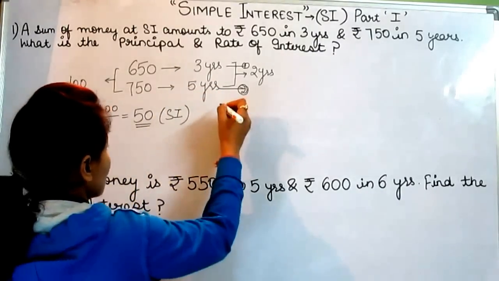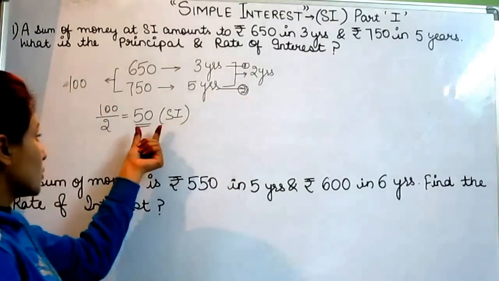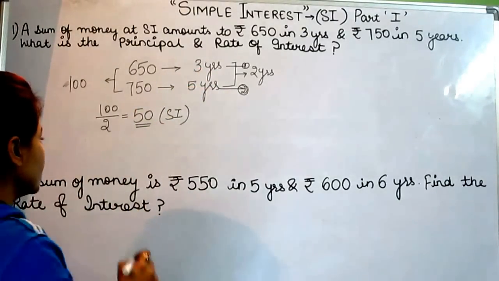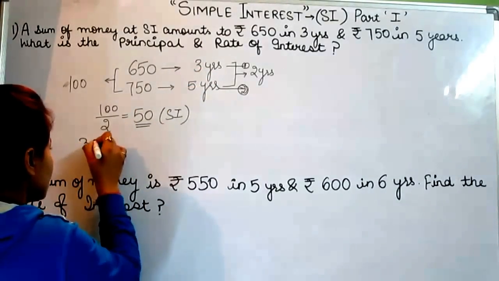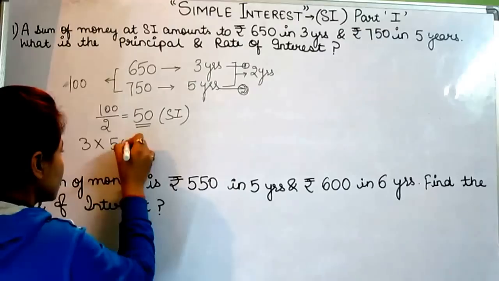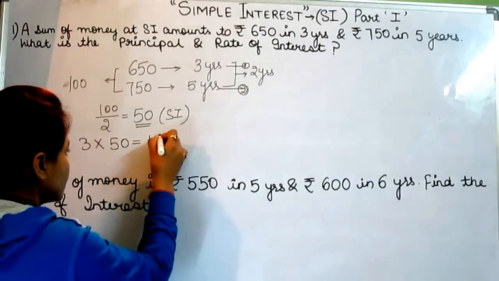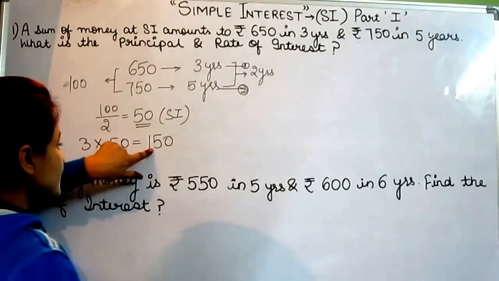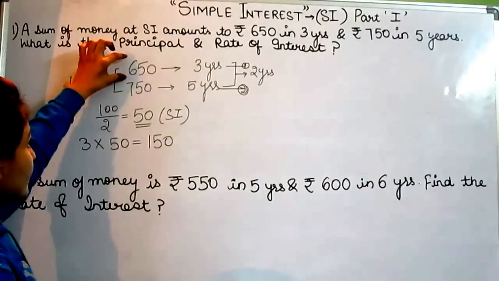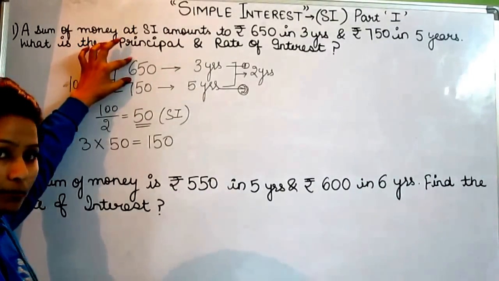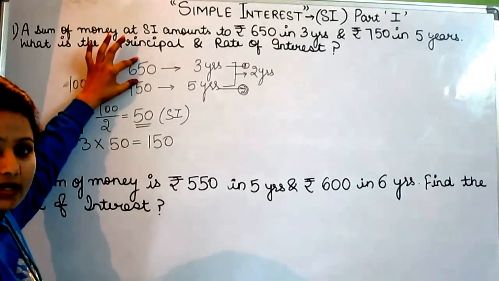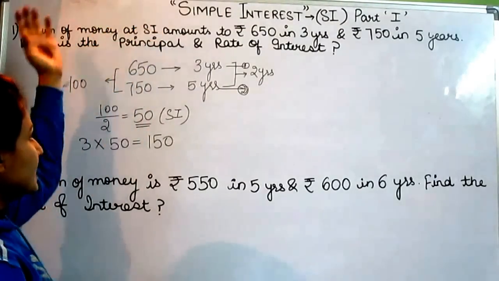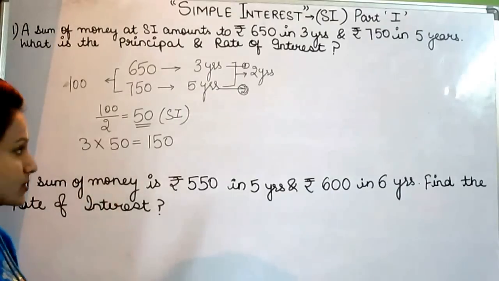Right? So if rupees 50 is for 1 year, so for 3 years, the simple interest would be 150 rupees, right? And this is the whole value, this is the sum, principal and interest. So this is the amount which somebody has taken from somebody else, right?